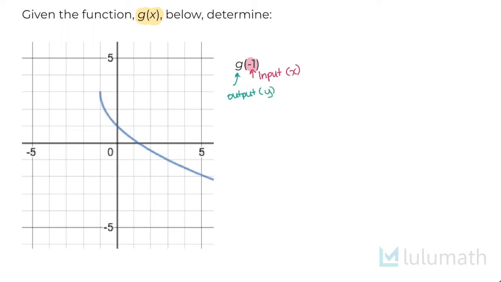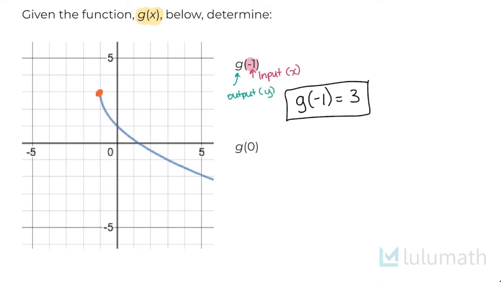So I'm going to go to negative 1 on my graph, and here is negative 1, and when I go up, I can see that this point is on my graph. And this point is telling me that when my input is negative 1, my output, or my y value, is 1, 2, 3. So g of negative 1 is equal to 3.